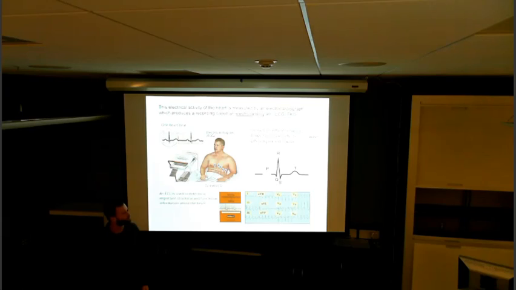What's more important is that you're able to associate these little deflections with what the electrical activity of the heart is at the time. Specifically, we have three deflections: a P wave, a QRS complex, and a T wave. And these are all associated with different electrical events during one heartbeat.